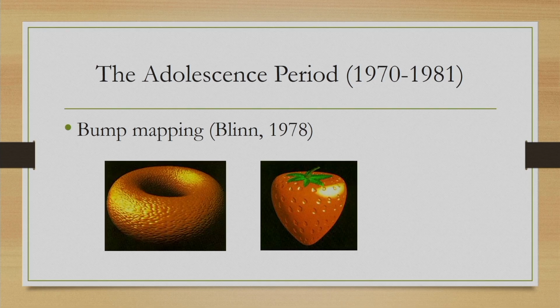Like the examples shown here, on the object surfaces we can see that special types of textures were inserted to make it look more real, natural. These are called bumps, bump mapping.